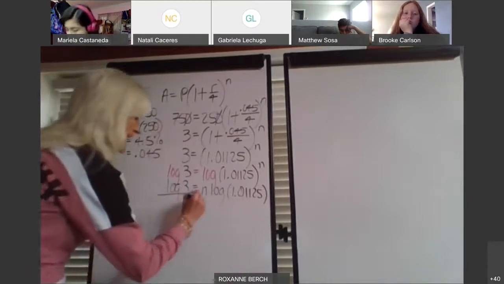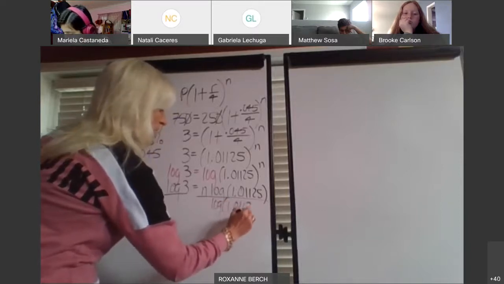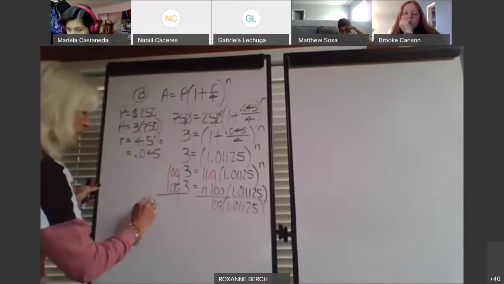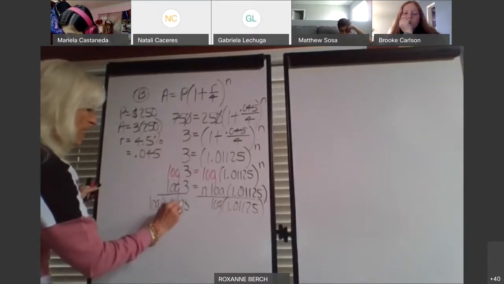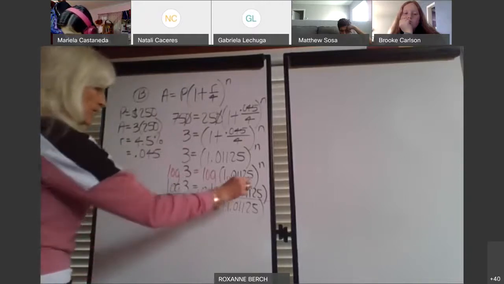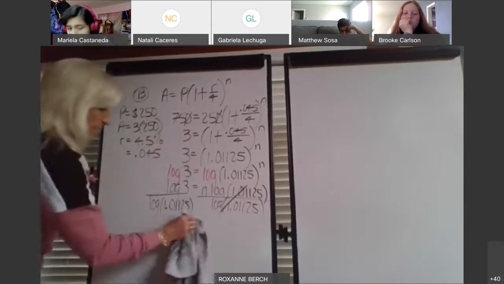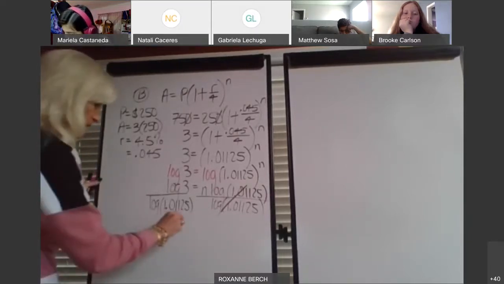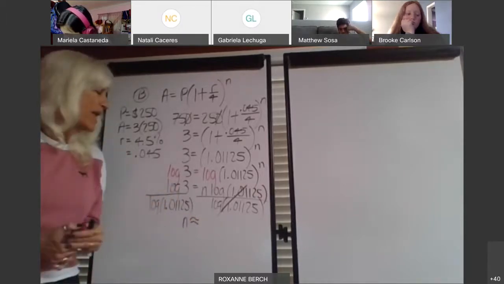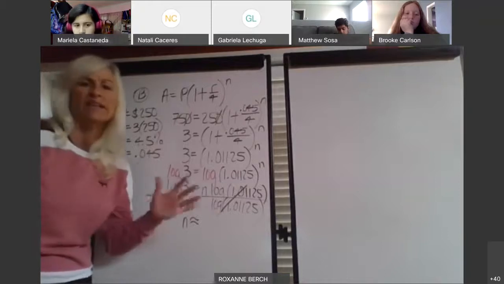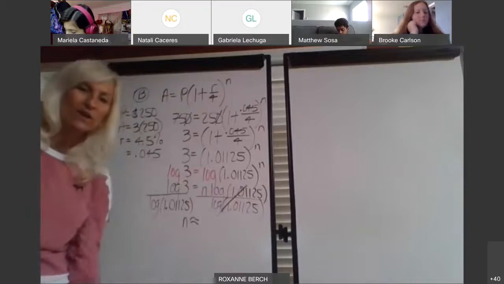Solve for n by dividing both sides by log base 10 of 1.01125. That cancels. And go ahead and put that in your calculator and see what you get. It's log base 10. You can use any log, but we don't want to use log base 3 or log base 2 or log base 5 because we want to use our calculator.